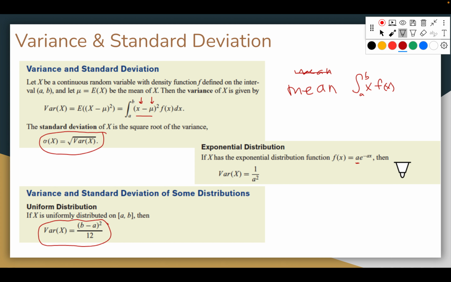Where's my calculator? There it is. So this is just going to be e to the x. We're going from 0 to natural log of 2.